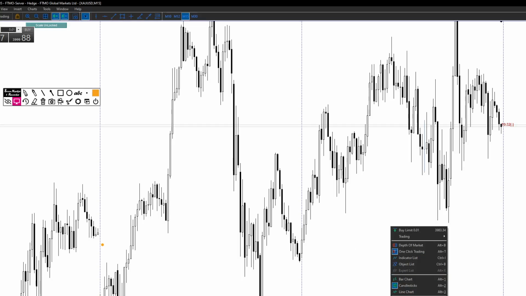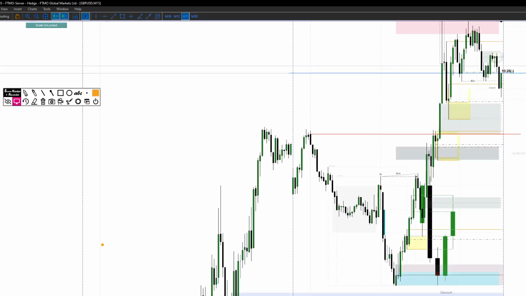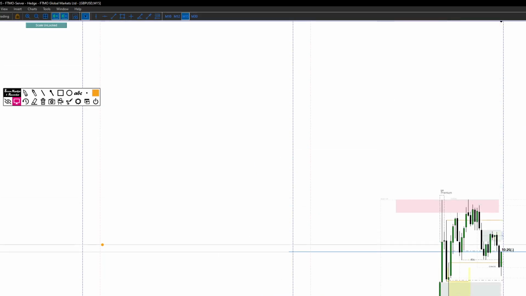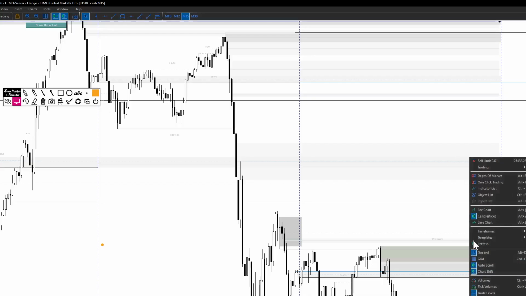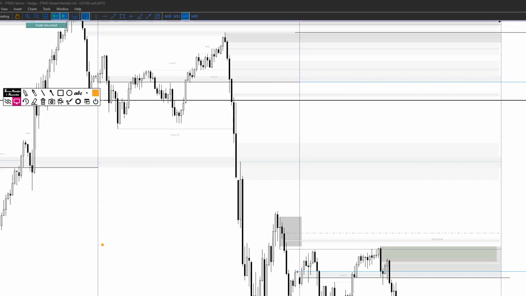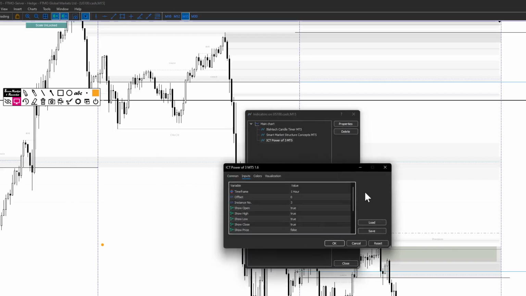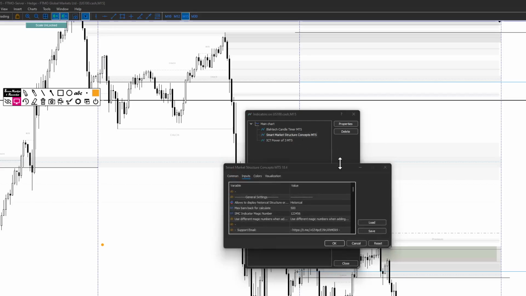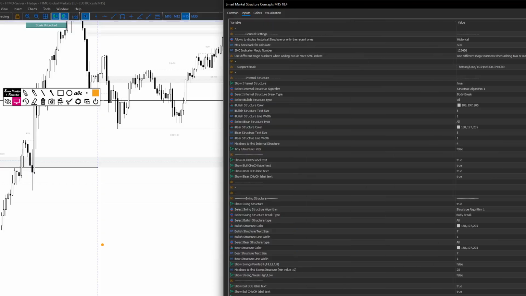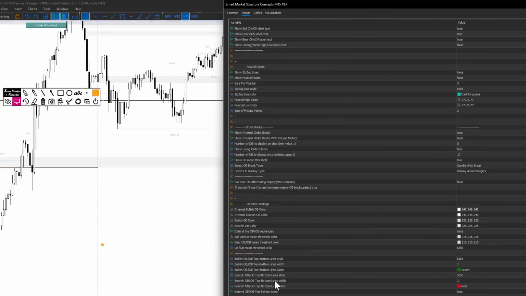Let me see. I'm trying to find a template that's showing me the sessions. I think I'll have to go back and turn on show the sessions on this thing.